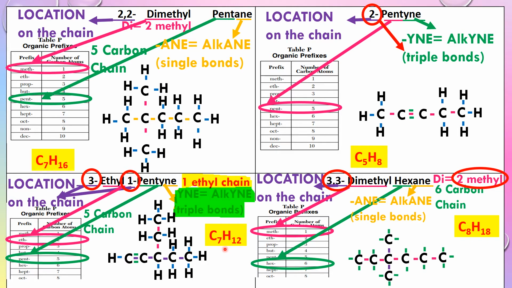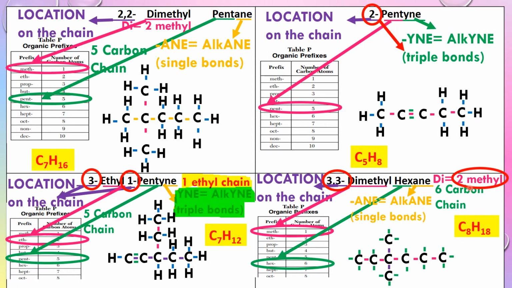Okay, and for the last one, 3,3-dimethyl hexane. Okay, I know that the numbers are the location on the chain. I know methyl is going to be from table P. I see that meth means I've got 1 extra carbon somewhere. I've got a dimethyl though, so that means I've got 2 methyl groups that I'm going to have to stick onto my main chain.